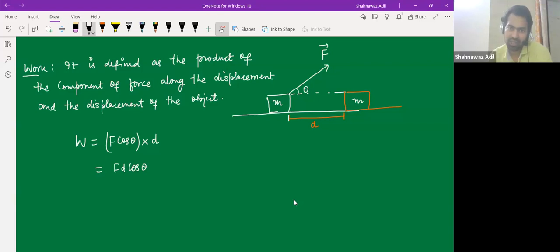How do you write this F d? What is the meaning of F d cos theta? Have you seen these kinds of terms somewhere that you studied?